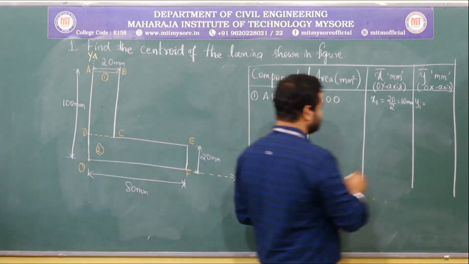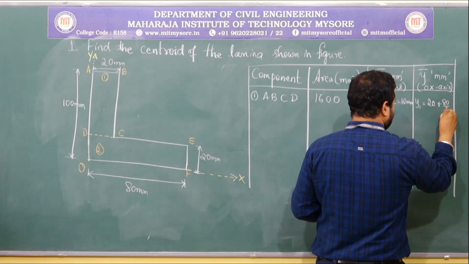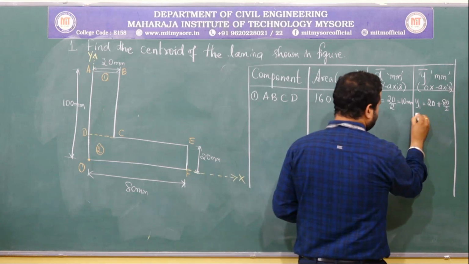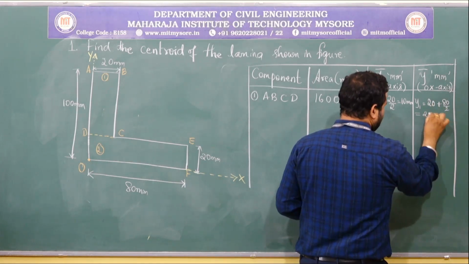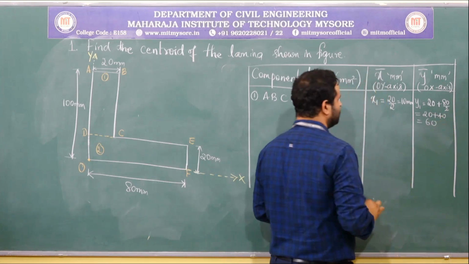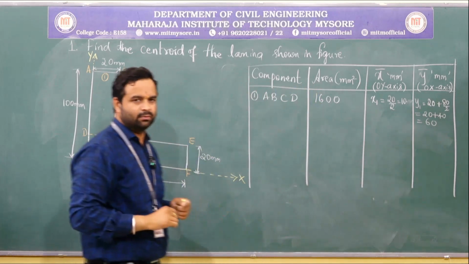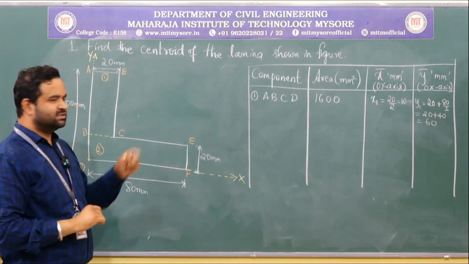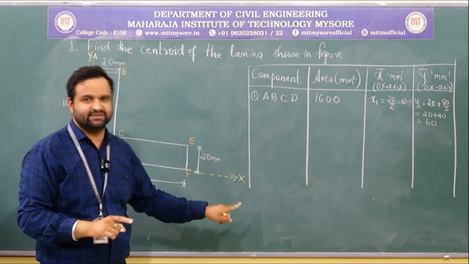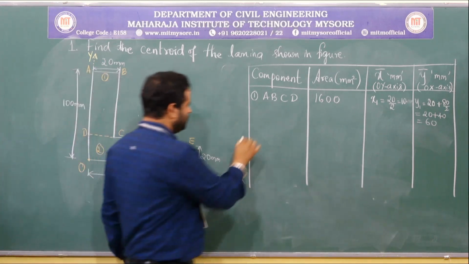So, that is 20 plus 80 by 2, which is equal to 20 plus 40, which is equal to 60 mm. I have already mentioned the unit mm above. So this is the value of x1 and y1 with respect to the referral axis of component 1. Now draw this line.